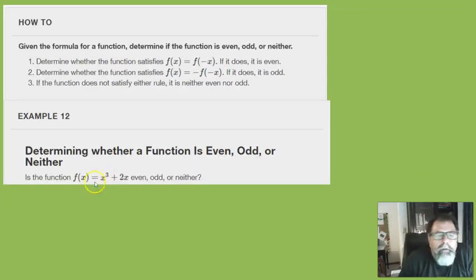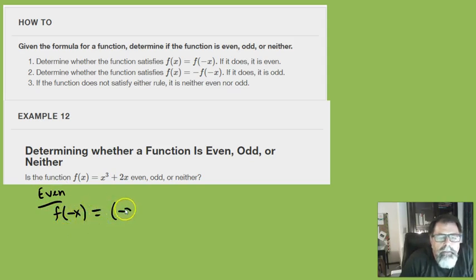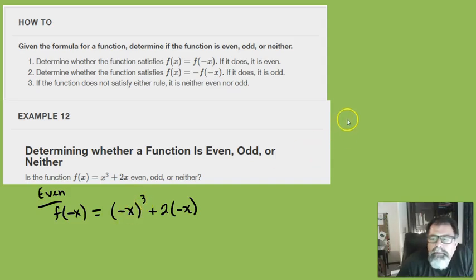So for even, f of negative x is equal to negative x cubed plus 2 times negative x. And if you raise negative x to an odd power, negative x is the same thing as negative 1 times x.